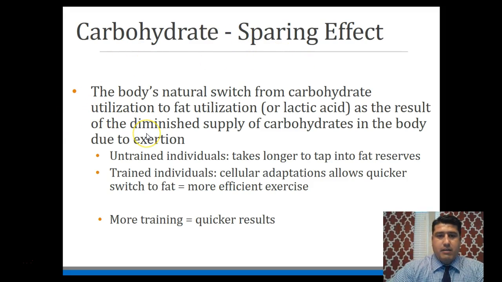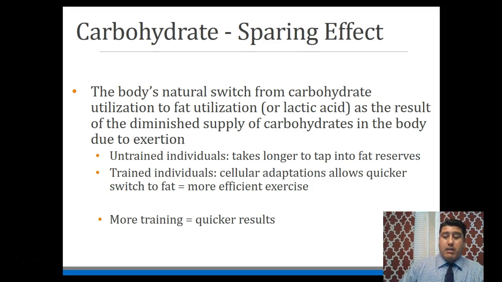Okay, this is known as the carbohydrate sparing effect. All right, this is the body's natural switch from carbohydrate utilization to fat utilization as a result of a diminished supply of carbohydrates in the body due to exertion. At this point, we start to burn fat. In trained individuals, this happens very quickly.